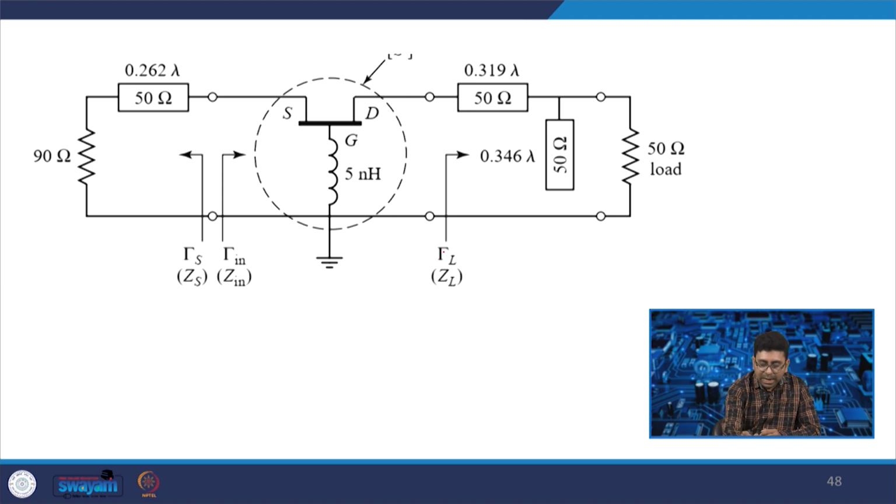Gamma L and ZL have been used to design the terminating network, and this is at the source side. This is a transistor that is connected with a 5 nanohenry inductor. Then if you take the output from the load side, 50 ohm, this will generate oscillation at 4 gigahertz.